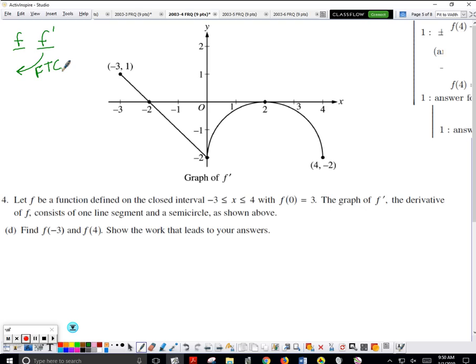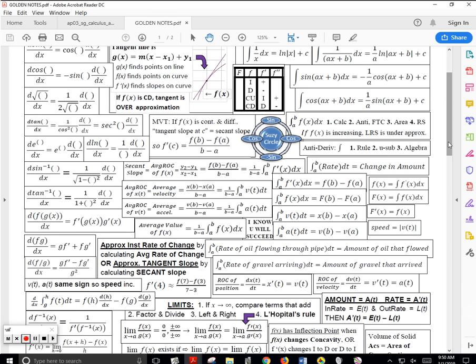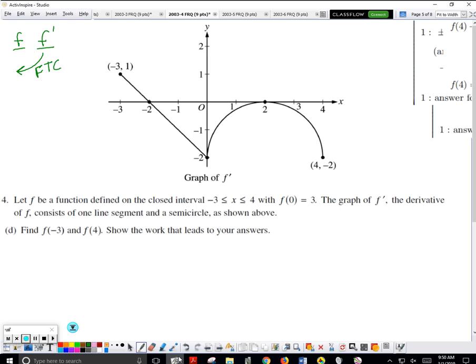So on the golden notes, there's a reminder of that. Front page, on the right, halfway down, I need this equation right here. The integral of f prime is the change in f. So we need to use that. So, trying to find f of -3. Okay, do your best to wake up at this point.